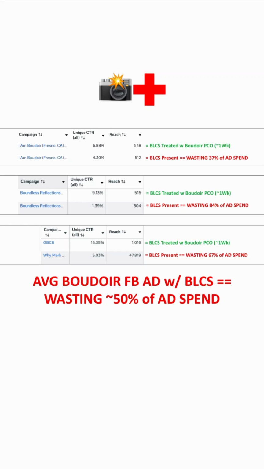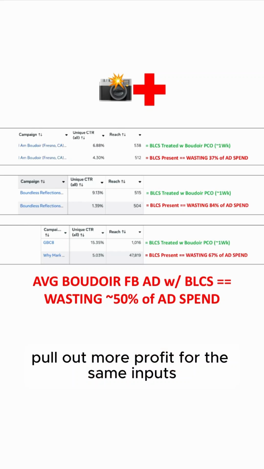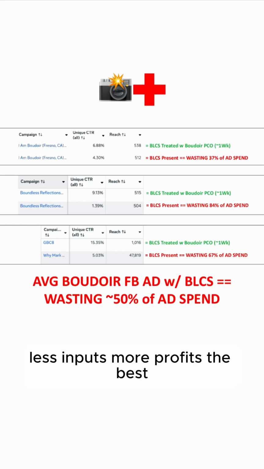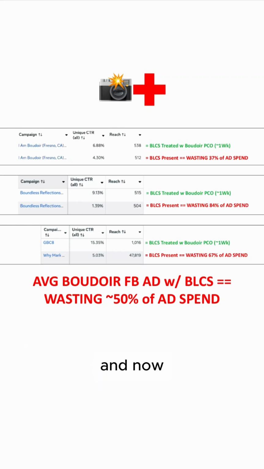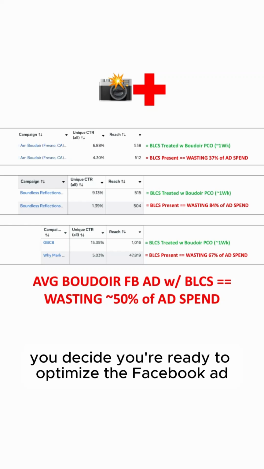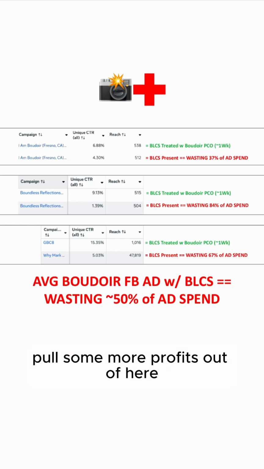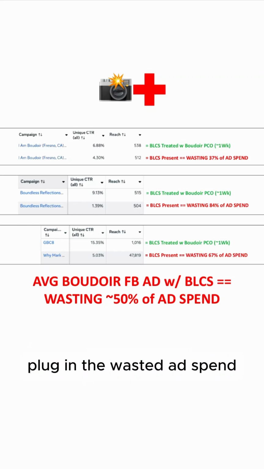You've already been taking action to optimize other parts of your business, pull out more profit for the same inputs, or even better, fewer inputs, more profits, the best. And now you decide you're ready to optimize the Facebook ad part of your boudoir photography business. Pull some more profits out of here. You're starting with, obviously, plugging the leaks, the wasted ad spend.